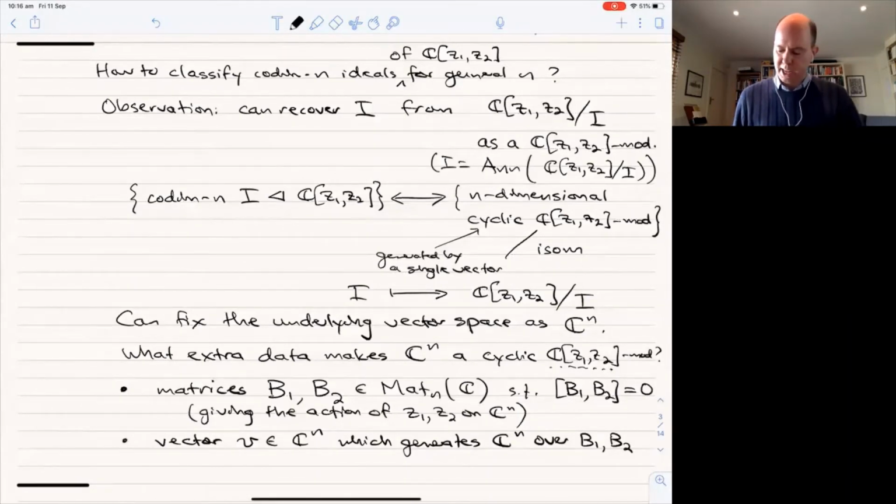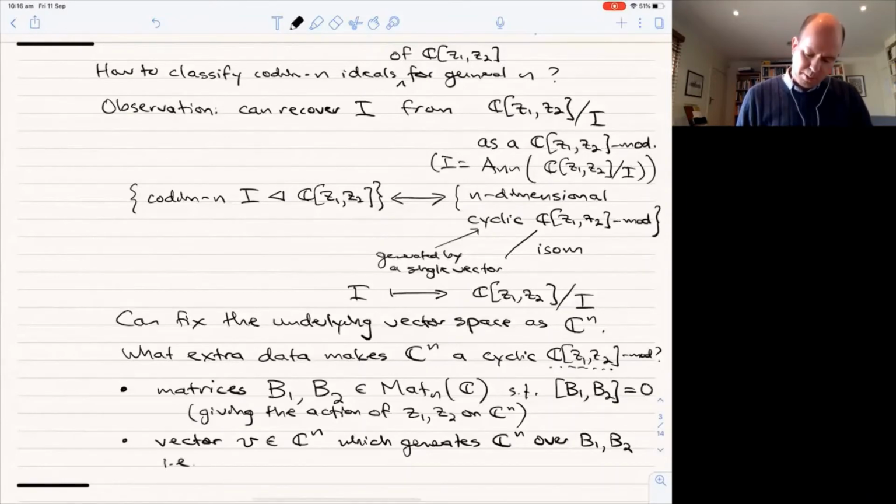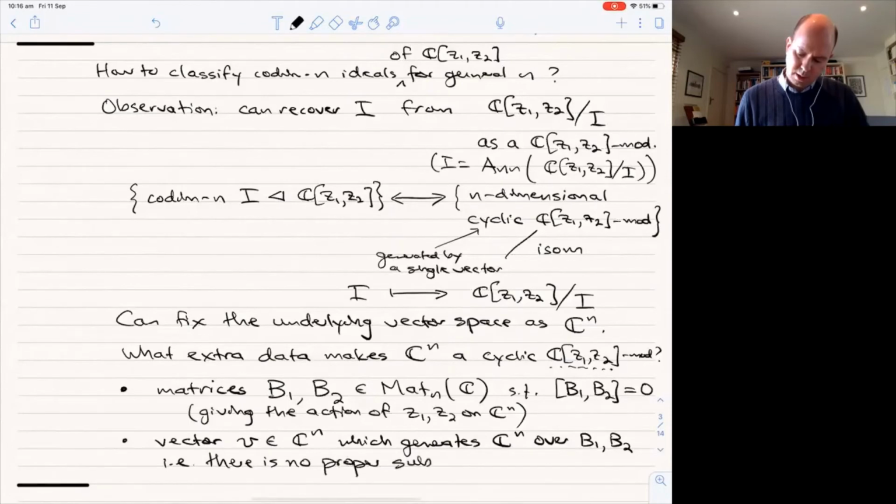So it generates Cn under the action of B1 and B2, i.e. what I mean by that is that there is no proper subspace S inside Cn such that V is contained in S and S is stable under the action of B1 and B2.